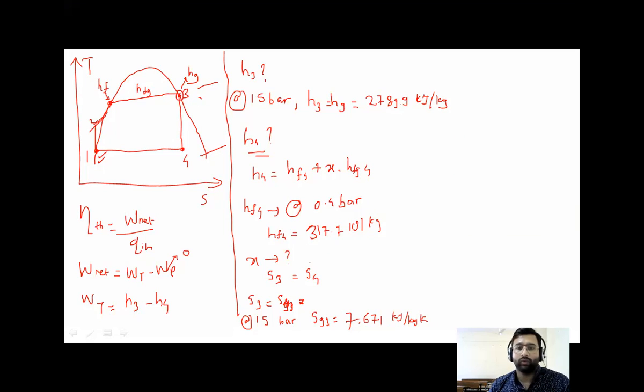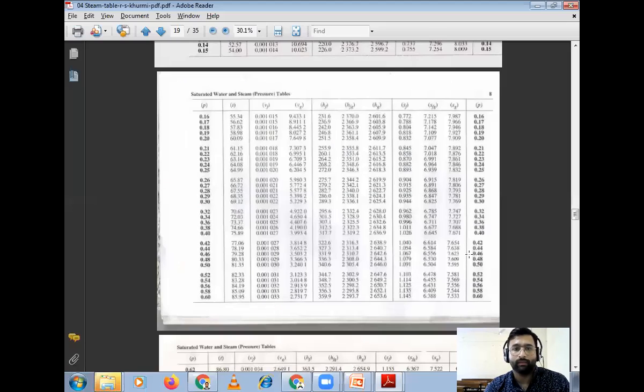Okay, let me check. At 0.4 bar, the Sg value is 7.671. Go to the pressure table.